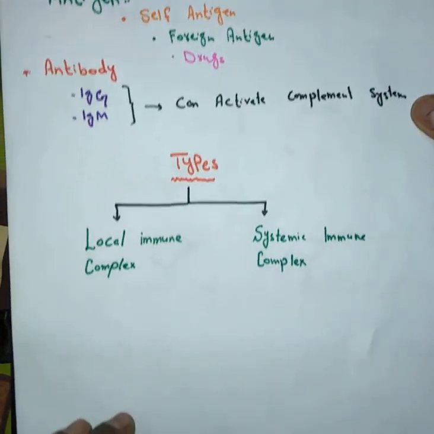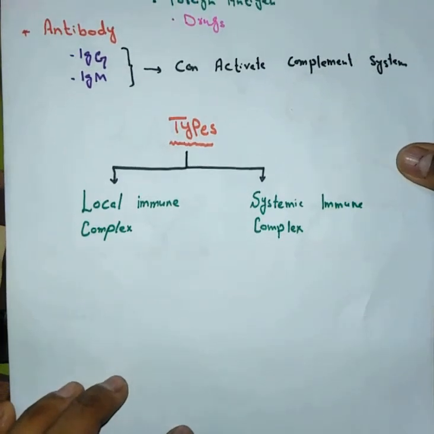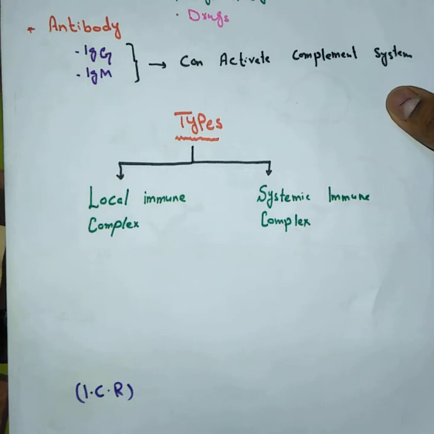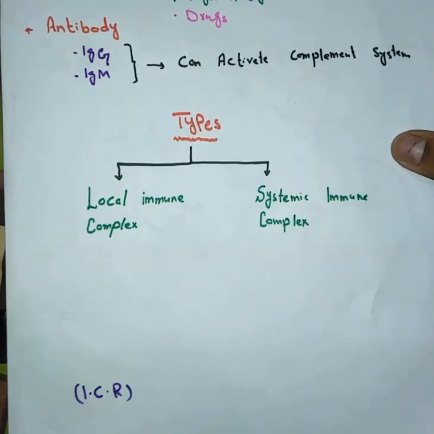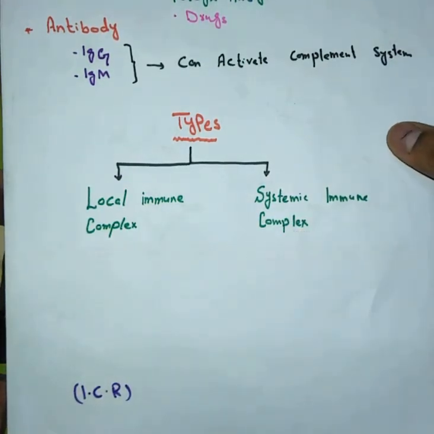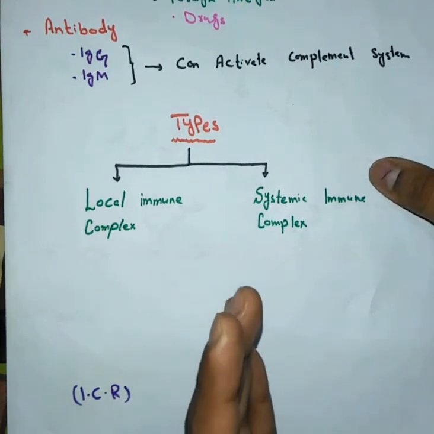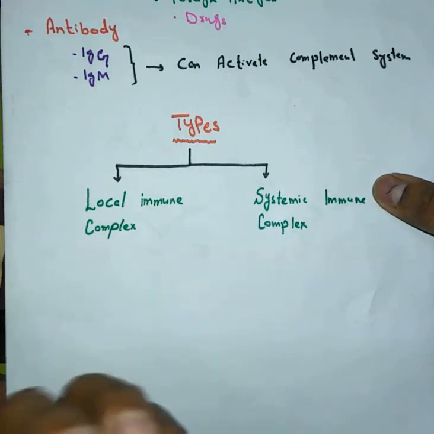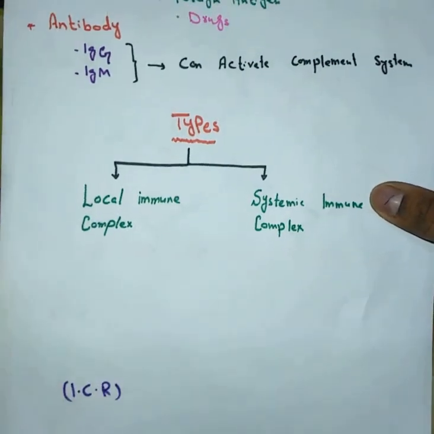After the antigen antibody complex, or immune complex, deposits on the tissue or wall of a blood vessel, the reaction can be a local immune reaction or a systemic immune reaction. In a local immune reaction, only local tissue edema, pain, or redness on the specific tissue will be seen.